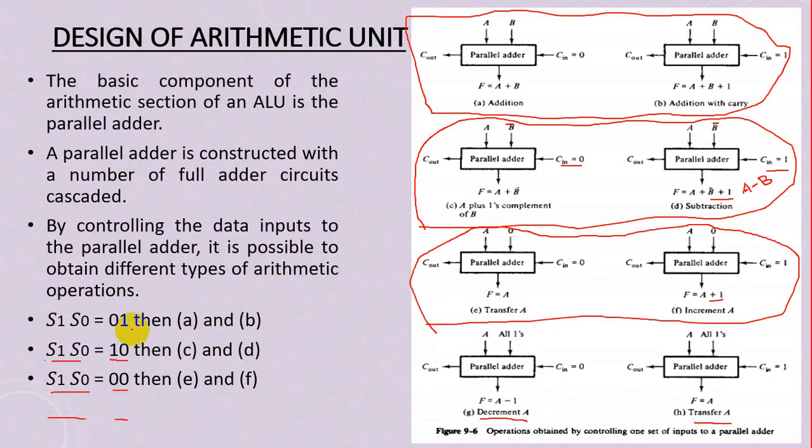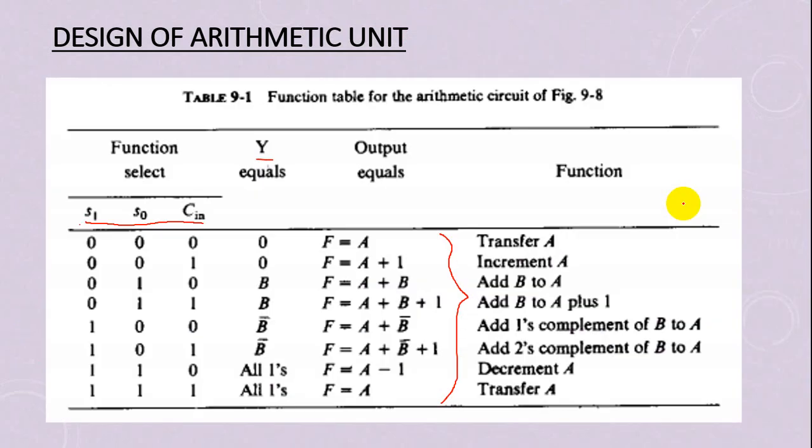So this comes from this table. When it is 0, 1, 0, Y equal to B. So this Y is the modified B. We need to design the circuit that will do this modification automatically depending on the selection pin. So let's design the circuit.